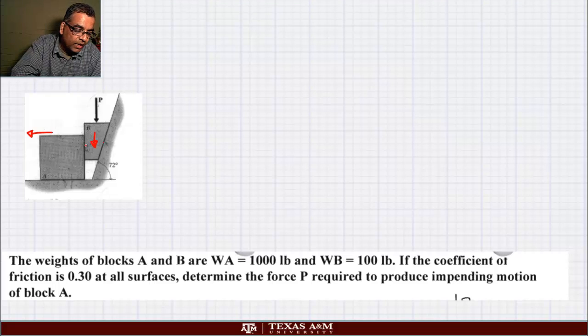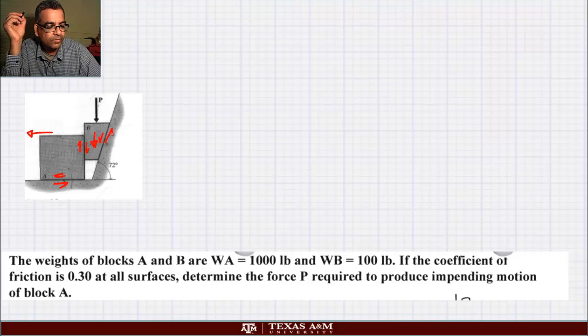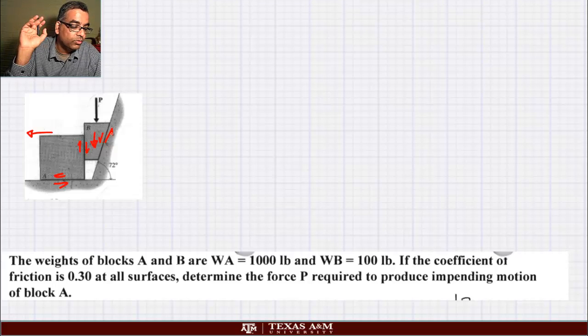On this surface, the sliding is going to be like this, on this surface like that, and on this surface like this. That's what we really need to know so that we know which way things are going to point.